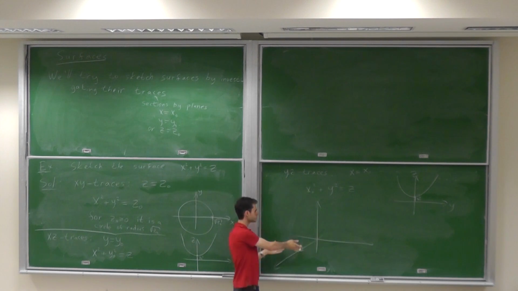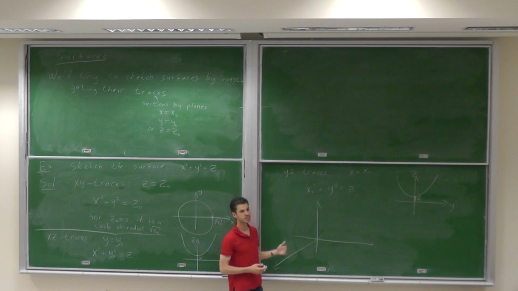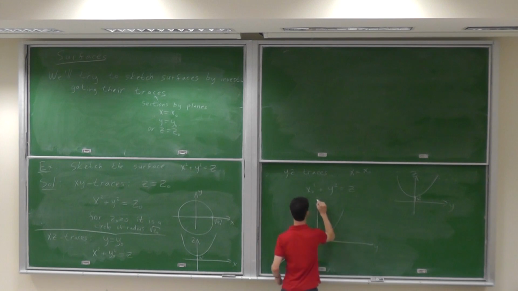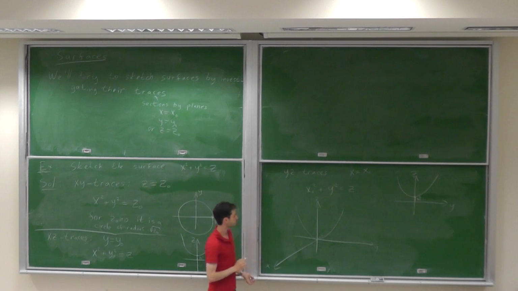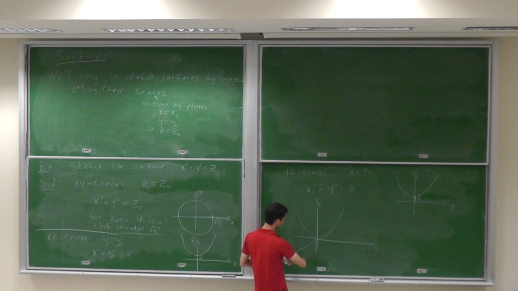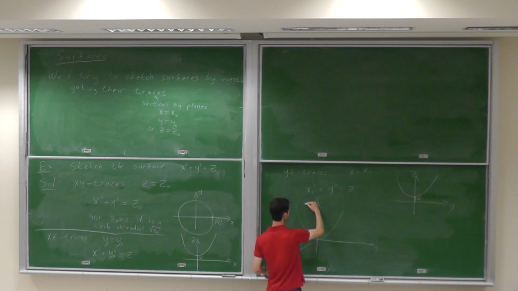I know that the vertical sections like this and like this are both parabolas. So let me sketch a couple of parabolas. Let's say this parabola in the YZ plane. I have another parabola in kind of in XZ direction.